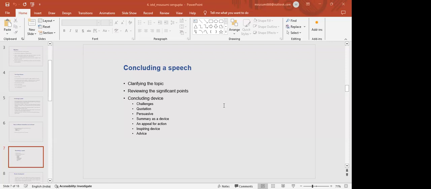For example, we can extend a challenge to the audience by saying that if anybody has any counter argument, please ask the question or ask for clarification. You can ask for a helping hand from the audience, that is, if you have understood everything, please share your thoughts. You can also end a discussion with a quotation.